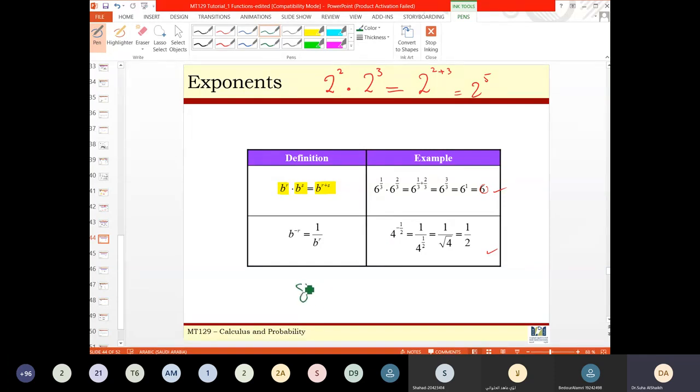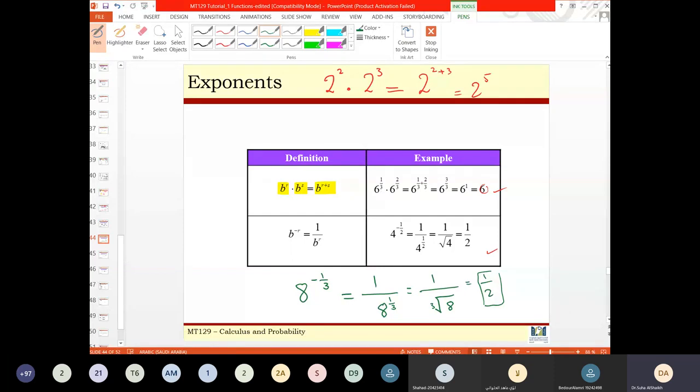Example, if I have 8 to the power minus 1/3. Now the minus directly brings it down. It's easy, okay? Very easy. So this is 1 over 8 to the power 1/3. This equals 1 over the third root of 8. And this equals 1 over 2.